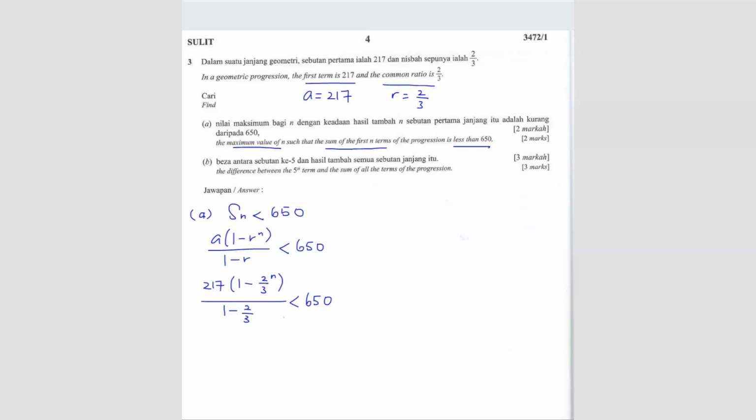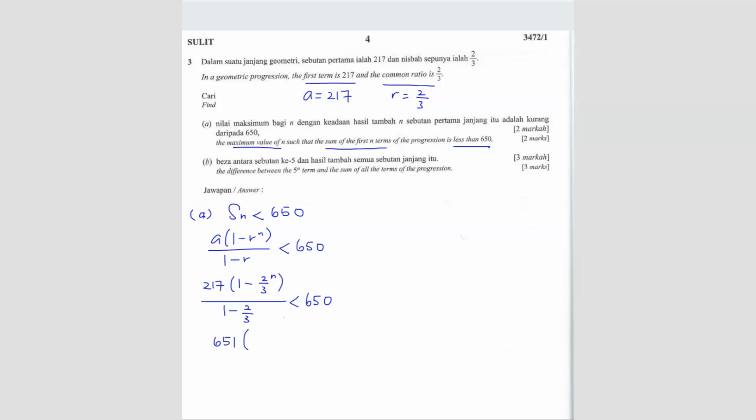So what we can do is use the calculator to compute this part. Okay, 1 minus 2/3 is 1/3. So you take 217 divided by 1/3, and you should get the answer 651.